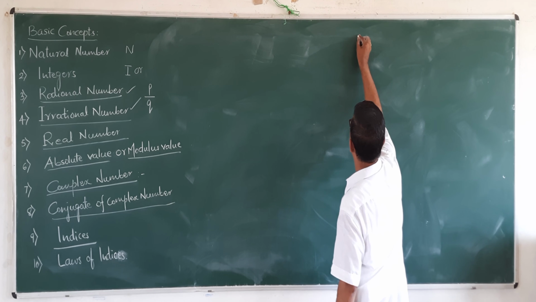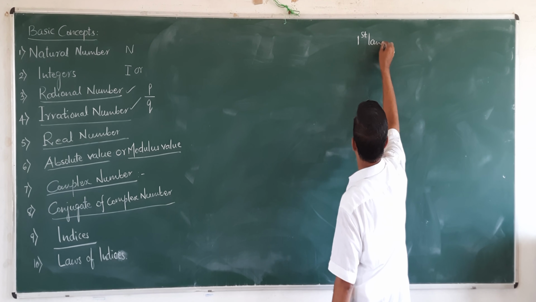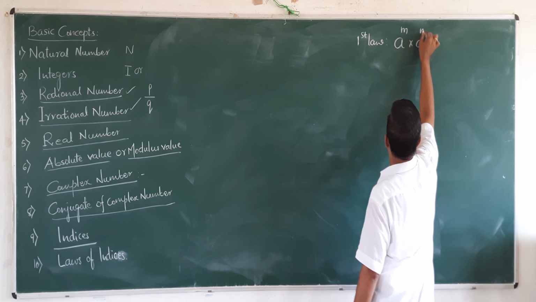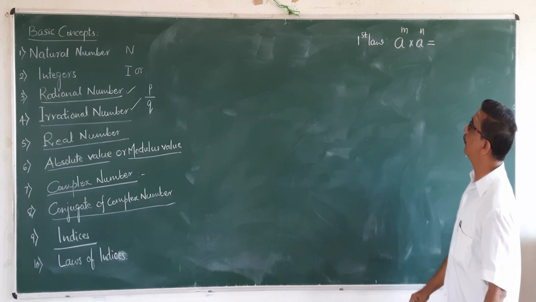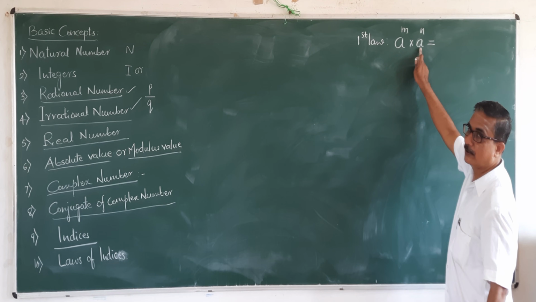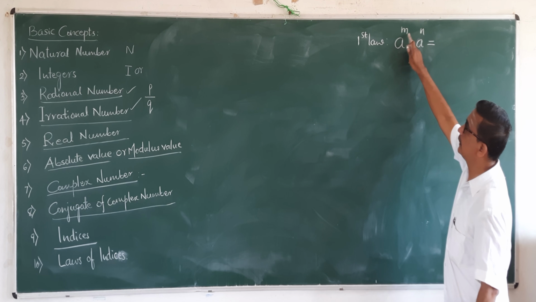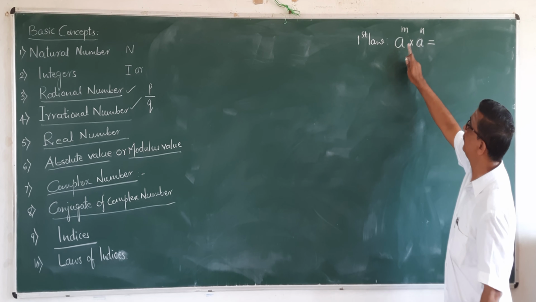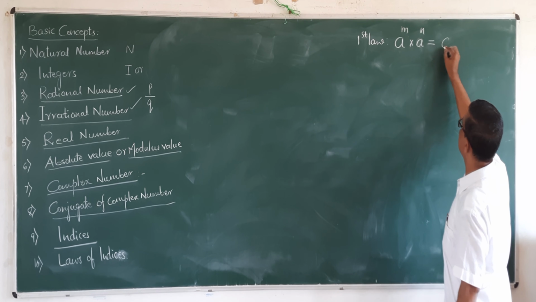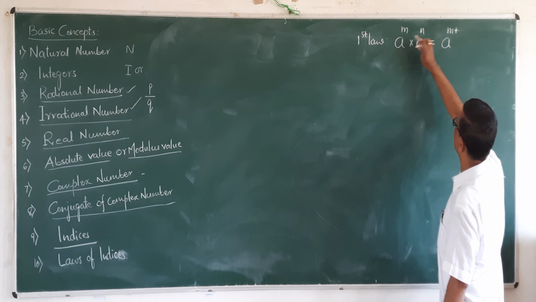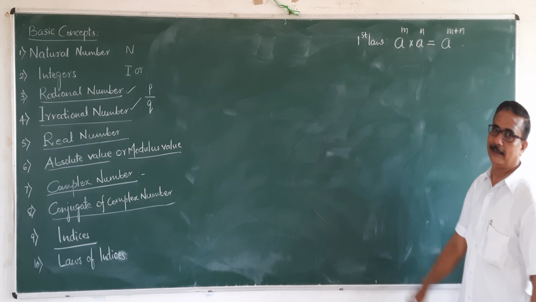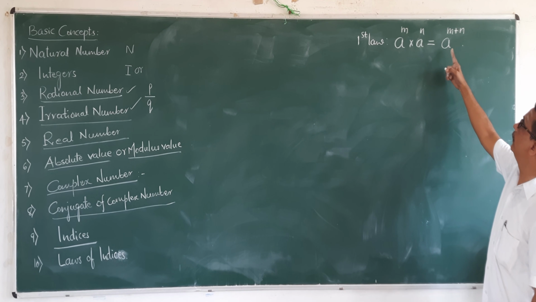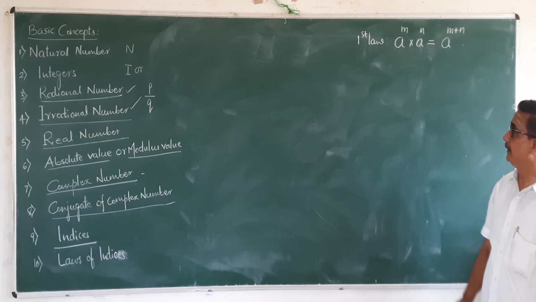What does the first law say? a power m into a power n is equal to, observe, the bases are the same and the powers are different. If bases are the same, its value is a, and the powers are added: a power m plus n. Remember, a power m into a power n is equal to a power m plus n.